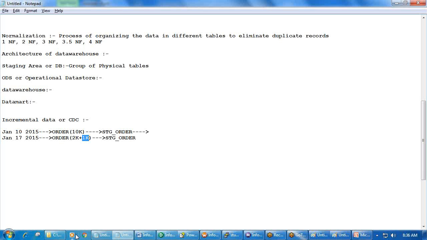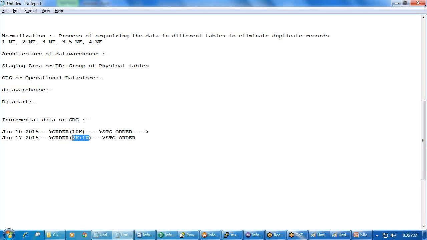So now I'm asking you, when you design an ETL process, does it have to bring all these 12,000 records present in your order table, or are you interested in fetching only the modified data, that is 2K plus 1K, 3K records? So now you're fetching these 3K records.